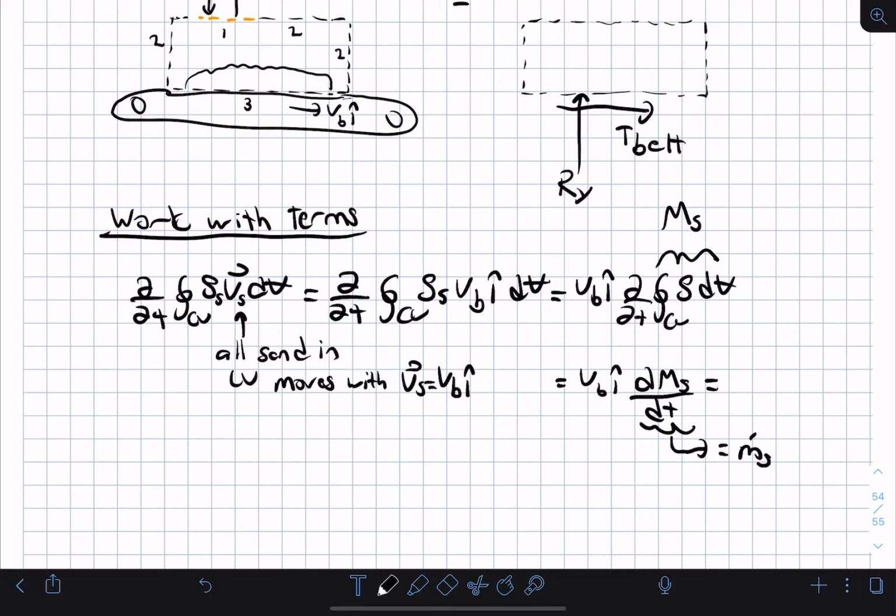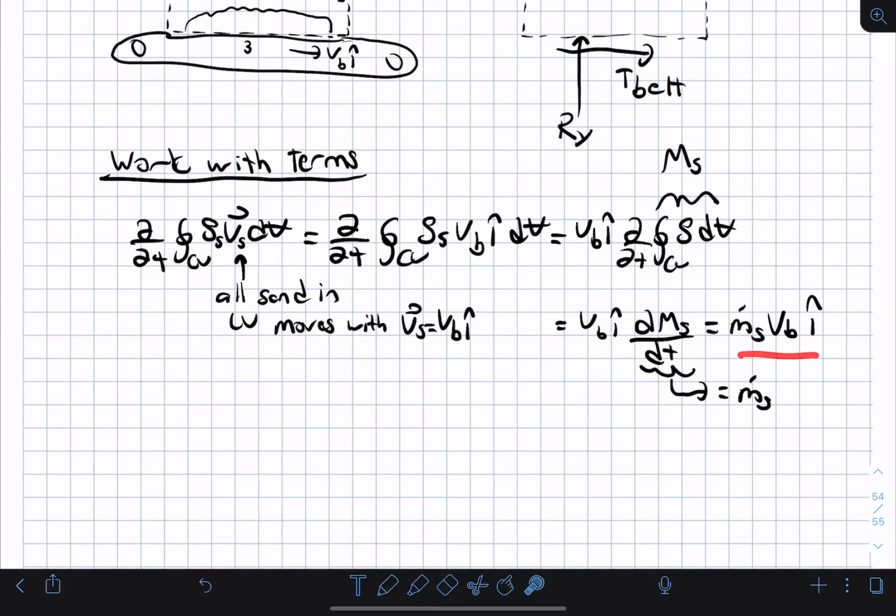Okay, so this entire time derivative term, we have simplified the time derivative of the volume integral to m dot of the sand times the belt velocity acting in the i hat direction. Okay, and so that is what this super nasty volume integral turns into.